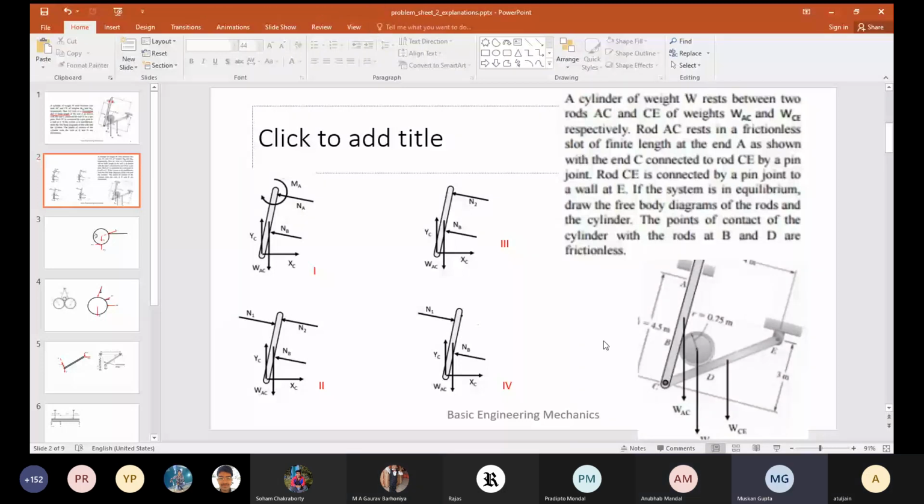This is 1. 1, 2, 3, 4. In red color, I have written. This is 1, for example. Sir, option 3 and 4 are the same just because of the direction. So if you think more than one option is right, you can choose more than one also.